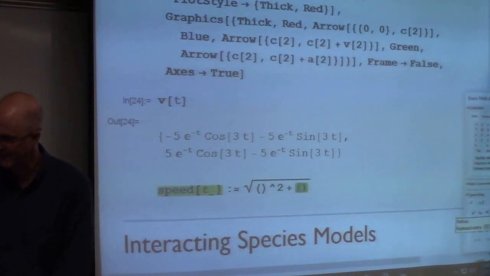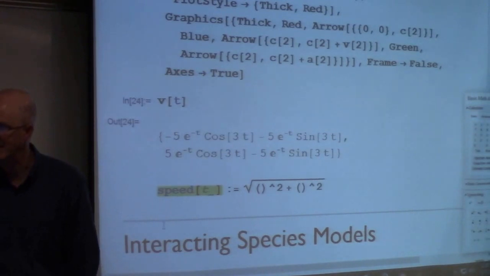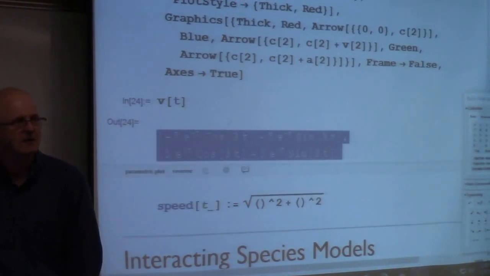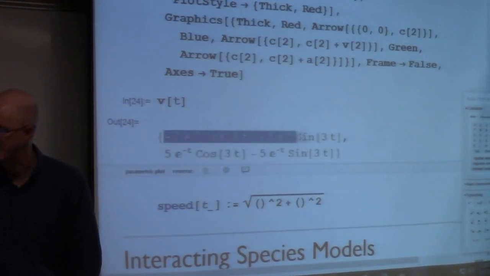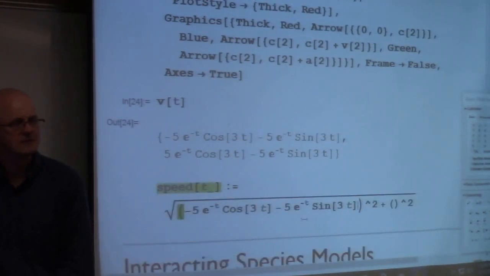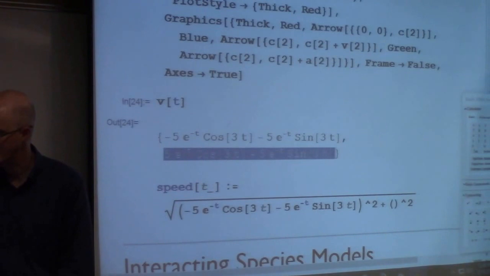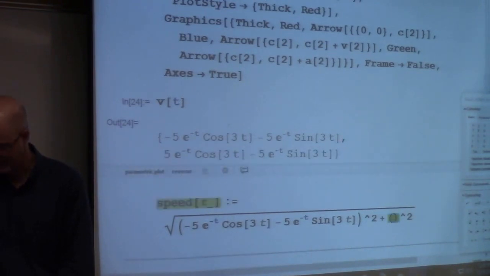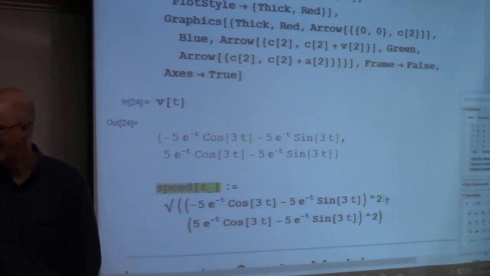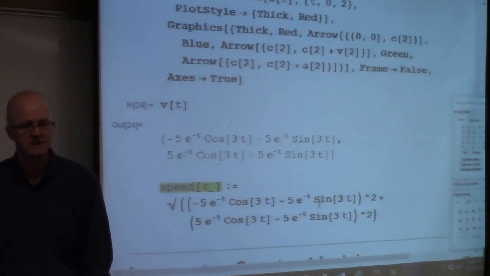By the Pythagorean theorem, to figure out the length of this velocity vector, you can take its first component, this thing, and square it. You can take its second component, this thing, and square it. You can add those things and then take a square root. The Pythagorean theorem is what I'm using there. The length of the velocity vector is the speed.